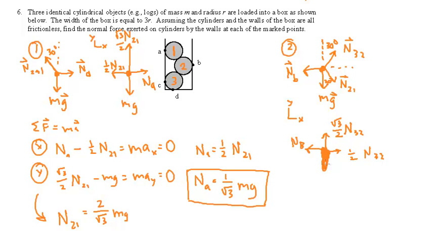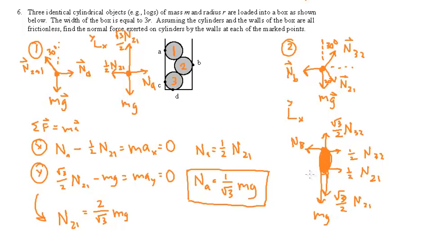Okay, so doing this with x, y, we now get normal force at B. There is n32 at a 30-degree angle, so it's going to be root 3 over 2 n32 going up, and then 1/2 n32 this way.